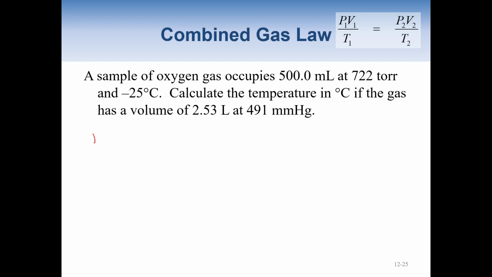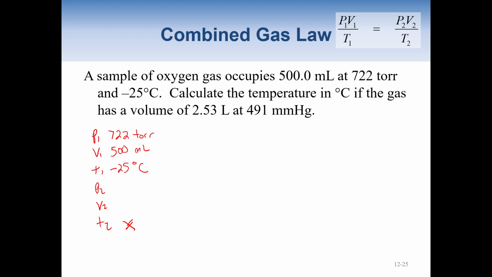Let's start over. P1, V1, T1, P2, V2, T2. Now, pressure 1 is 722 torr. Volume 1 is 500 mils. Temperature 1 is negative 25 degrees Celsius. We're looking for T2, which I'm going to put an X next to.